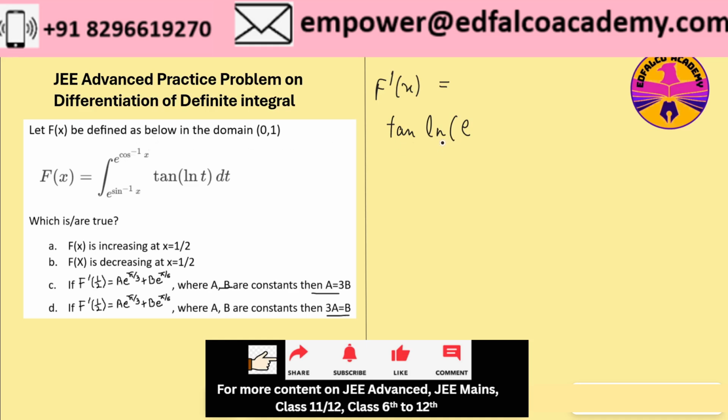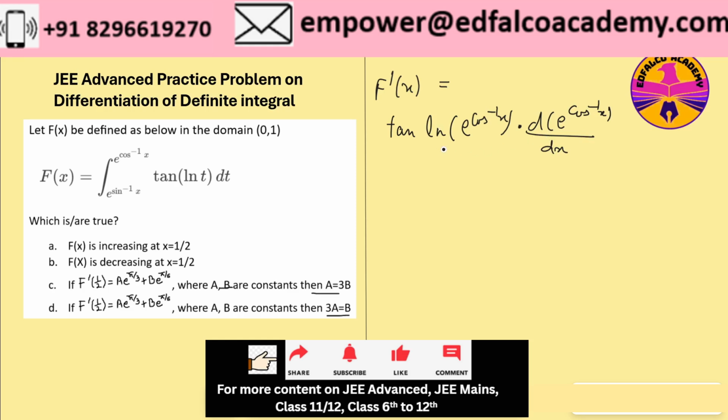So it will be tan of ln of e to the power cos inverse x, into d of e to the power cos inverse x upon dx.